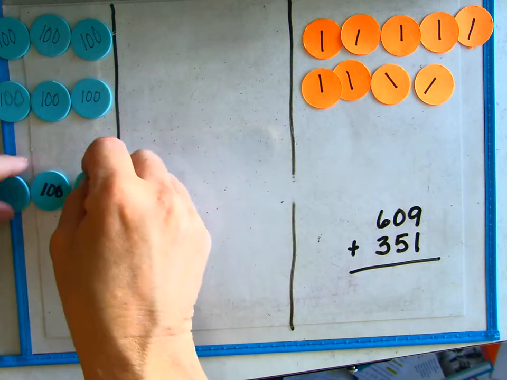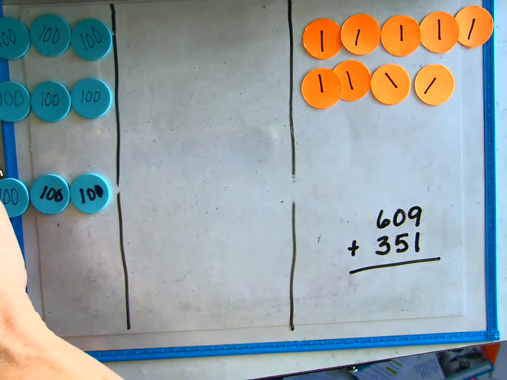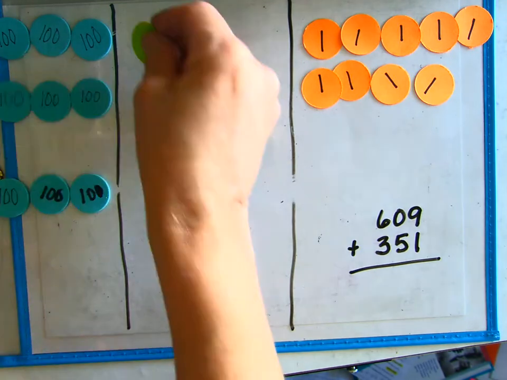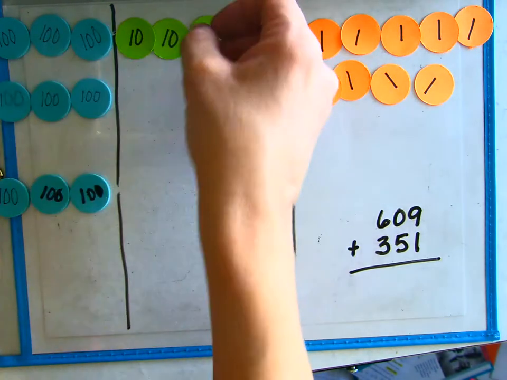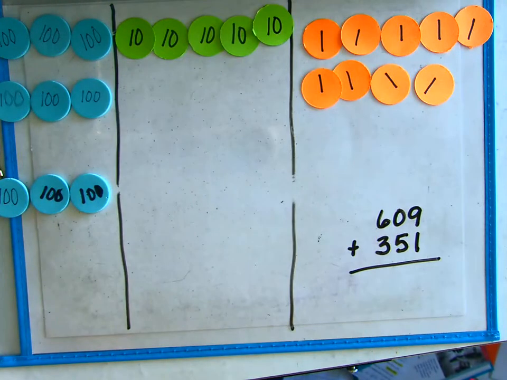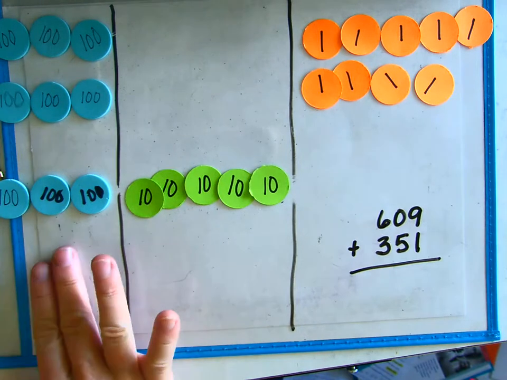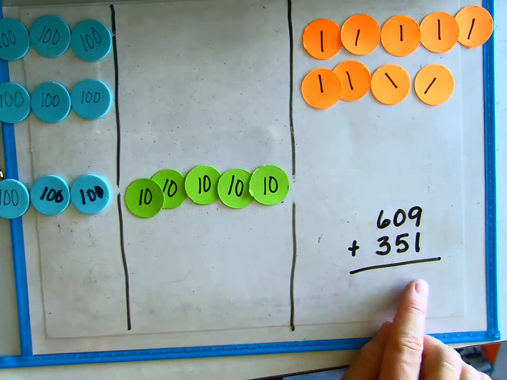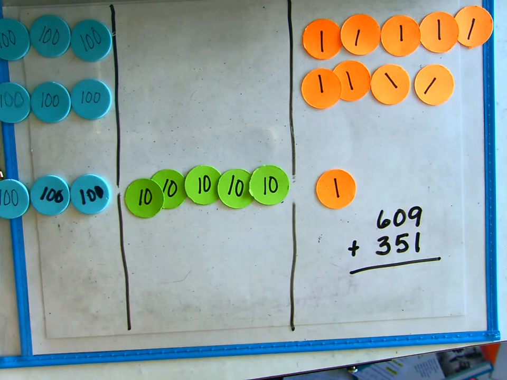So there we have 300s. I need 5 10s. Oops, move that down. That's part of my second number. 300s, 5 10s, and 1 1.